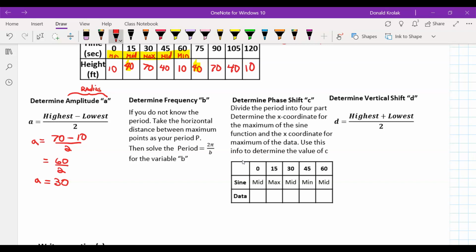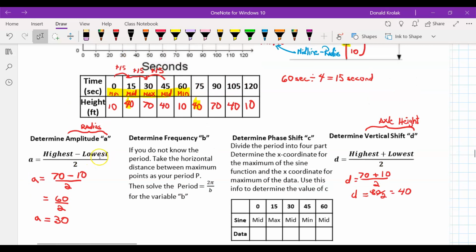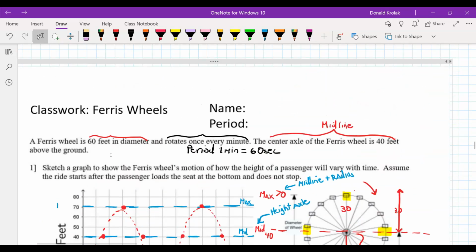So if we skip down to the last one, I'm going to take my highest and add my lowest. Vertical shift. So this is always going to be the axle height. So right from the get-go, you'll always know the radius, you'll know A, and you'll know D just from the problem.